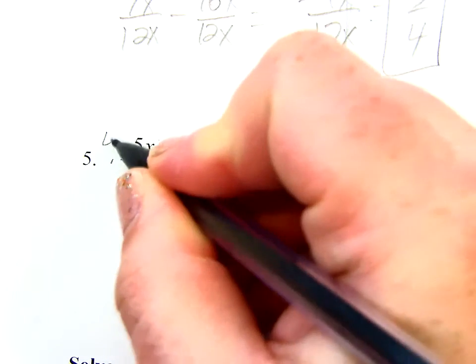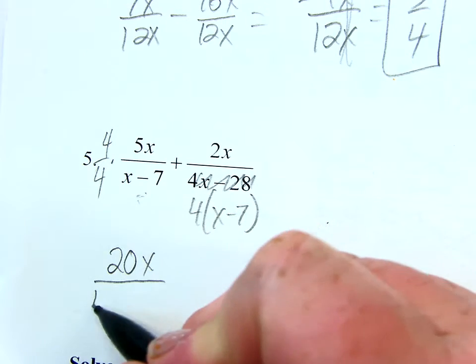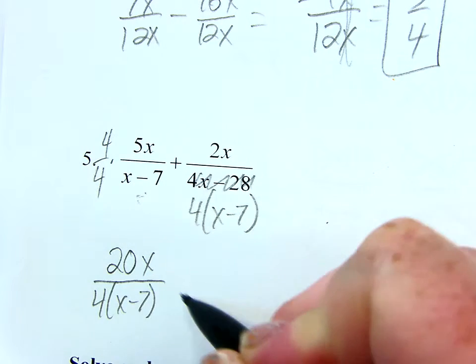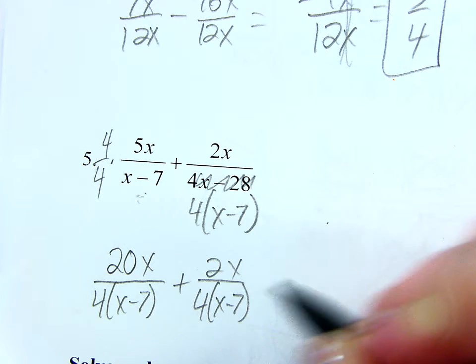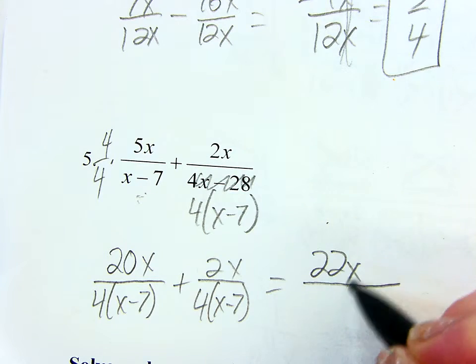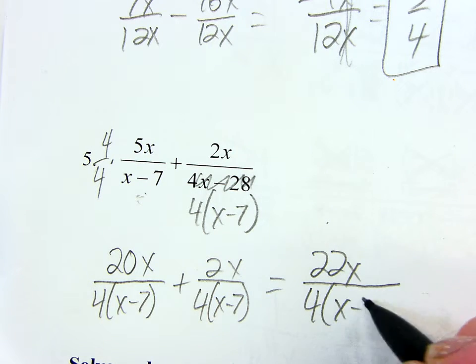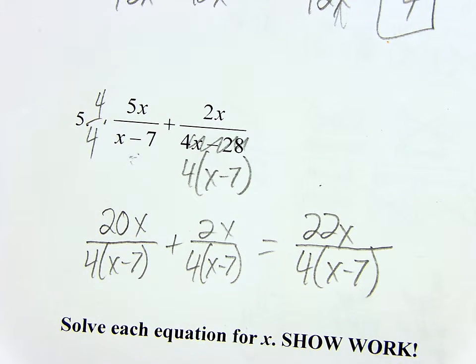So let's multiply this one by 4 over 4. And we'll get 20x over 4 times x minus 7 plus 2x over 4 times x minus 7. So altogether, I'm going to get 22x over 4 times x minus 7. Can you reduce that answer at all? Take out a 2.